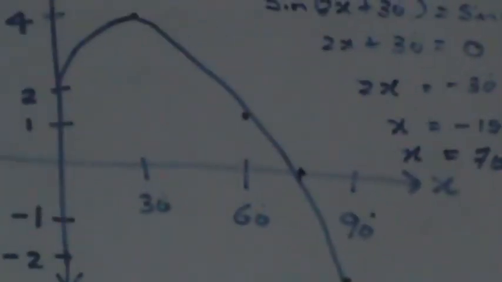And the amplitude of the graph is 4, and that's obvious from here. So this is the turning point, so this should be the amplitude, and that is at 30 degrees. And I extended this graph to minus 15. I calculated minus 15 and 75. At 75 it is crossing here, and at minus 15 here, it should cross. So this is y equals 4 times sine (2x plus 30).